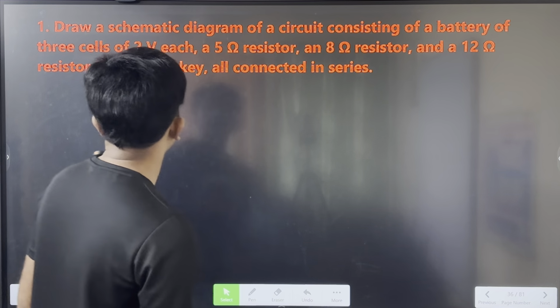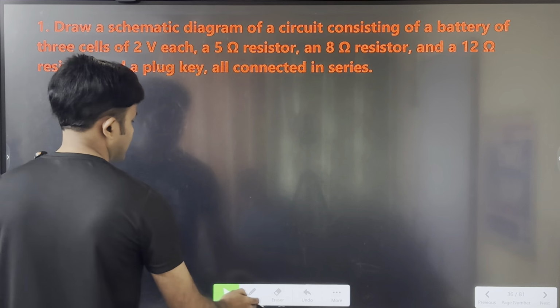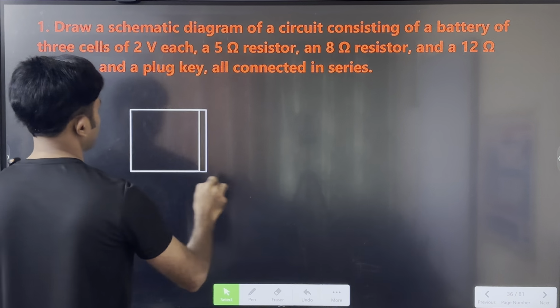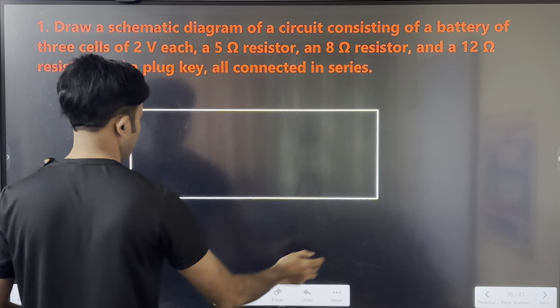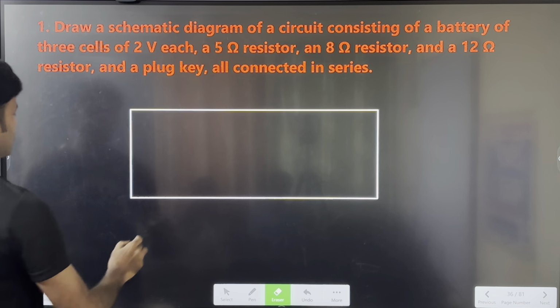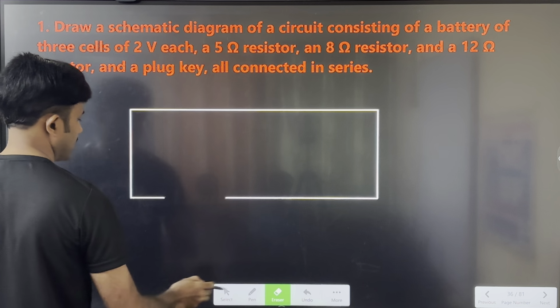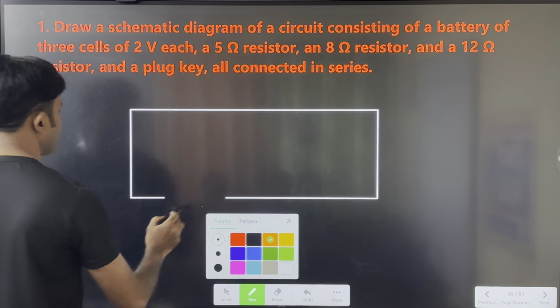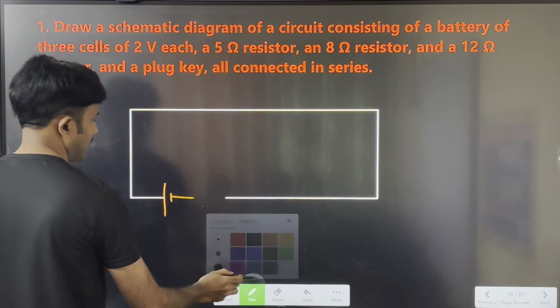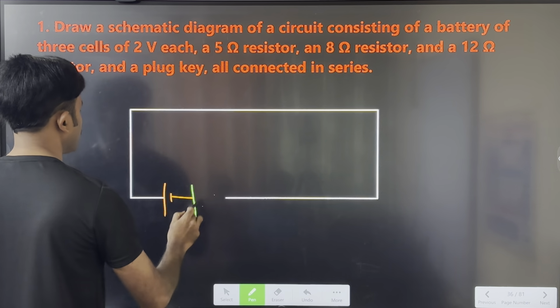First you draw the schematic diagram of the circuit. So let us say you take a circuit like this. Here we have a battery of 3 cells, right? Each cell has how much voltage? That is 2 volt.